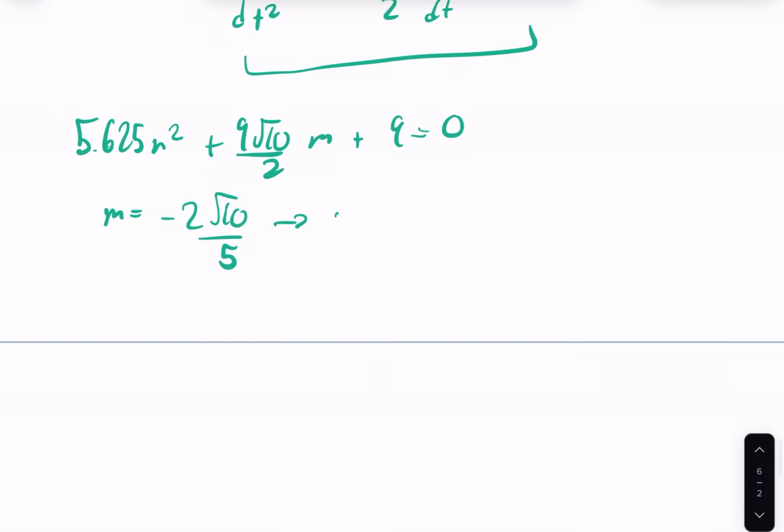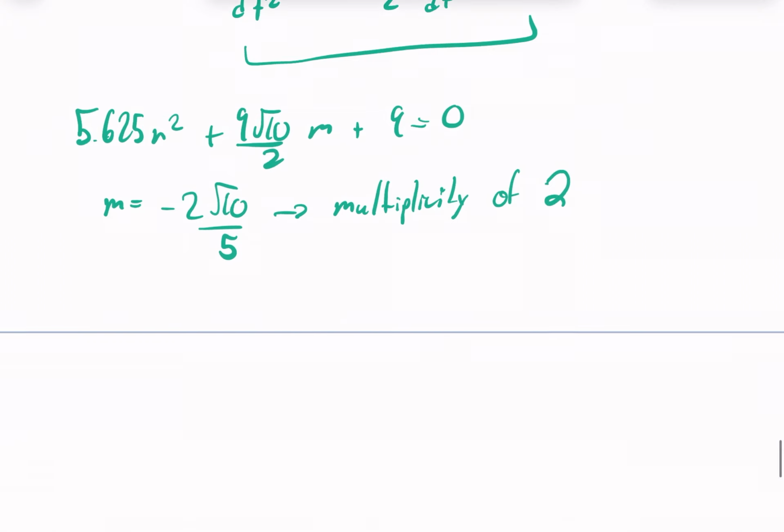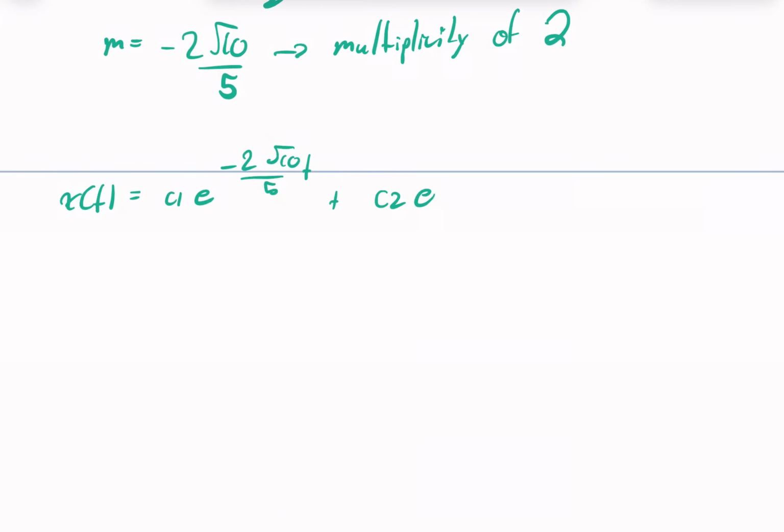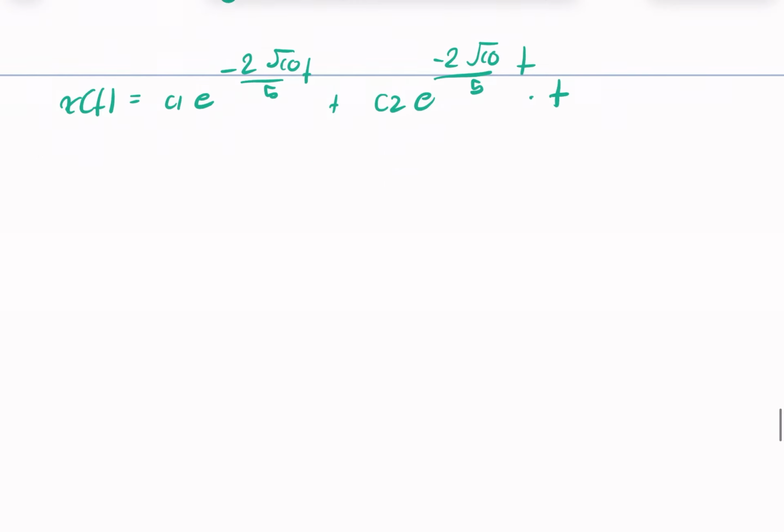And because it's second order, it has a multiplicity of 2. And so then we get x at t equals c1 e to the negative 2 root 10 over 5t plus c2 e to the negative 2 root 10 over 5t times t.